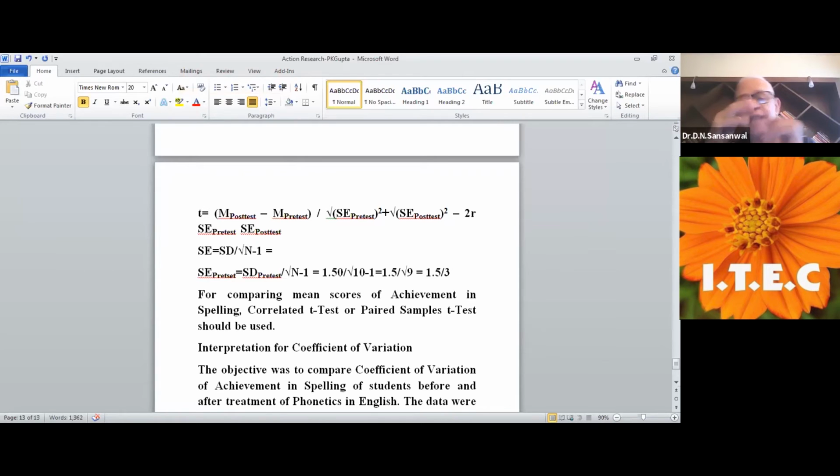You can do this by hand. In the same way, you can find the standard error of post, where you will have the SD of post and the n minus 1 remains the same.